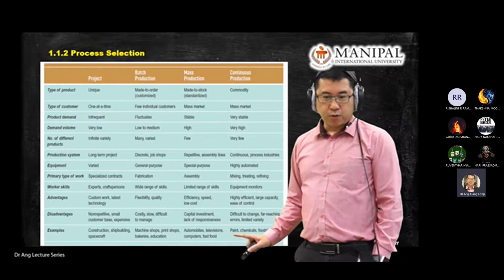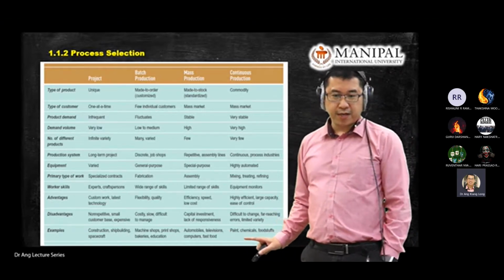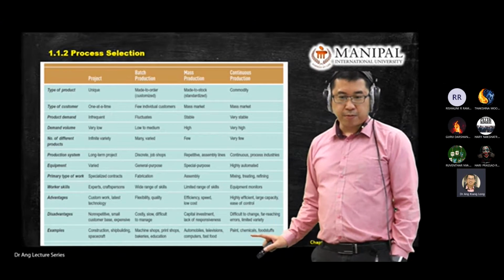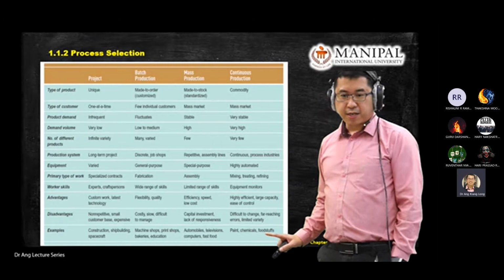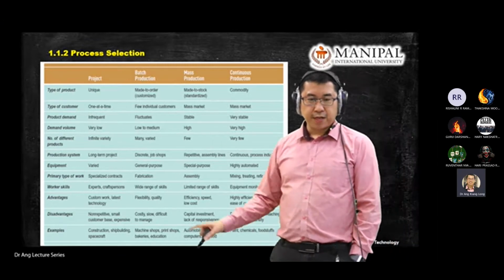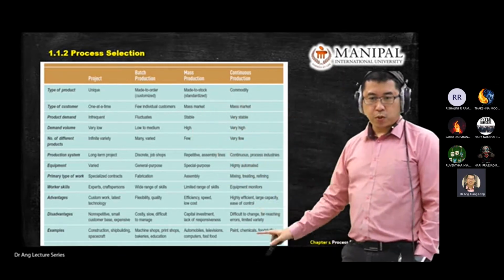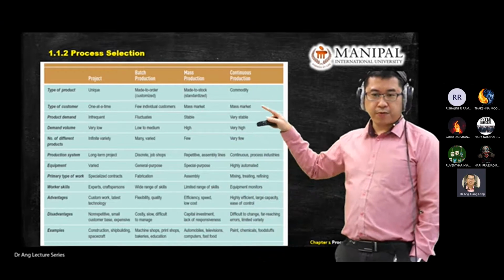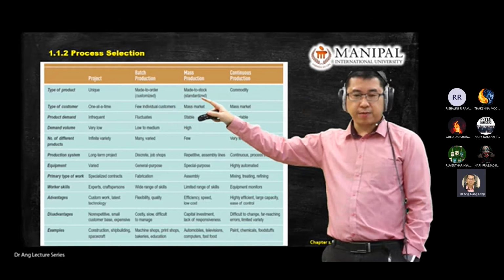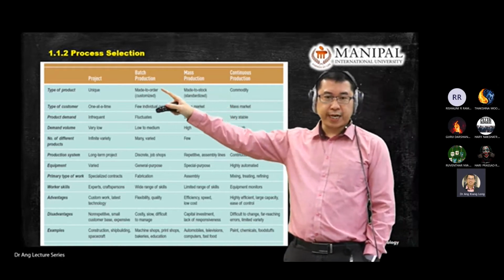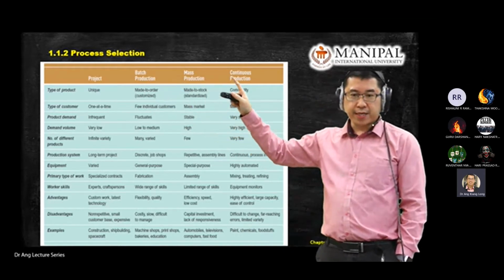So you know there's a brand of this one, there's a brand of this one, more general. You can give something that is related to this word and something related to this word. Okay, so I hope this table will help you to have a more general view on the 4 types of production processes: project, batch, mass, and continuous.